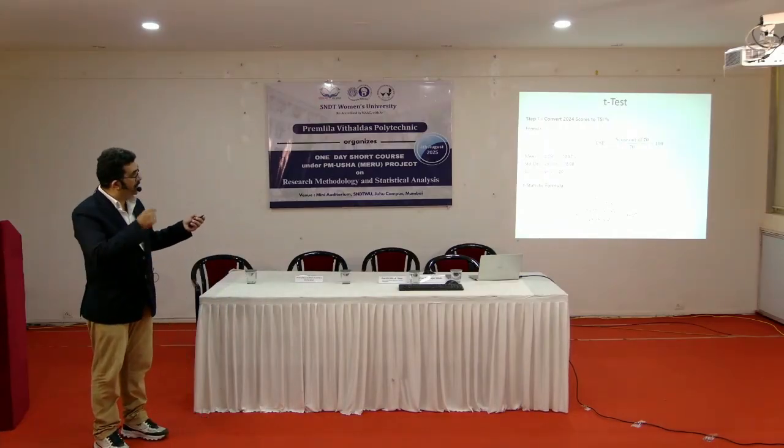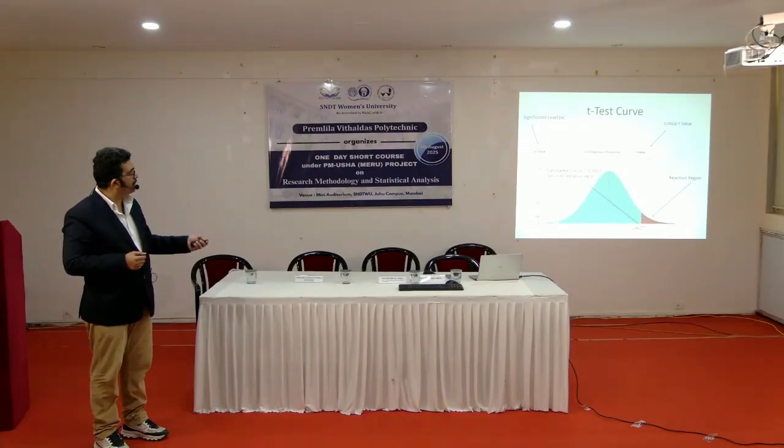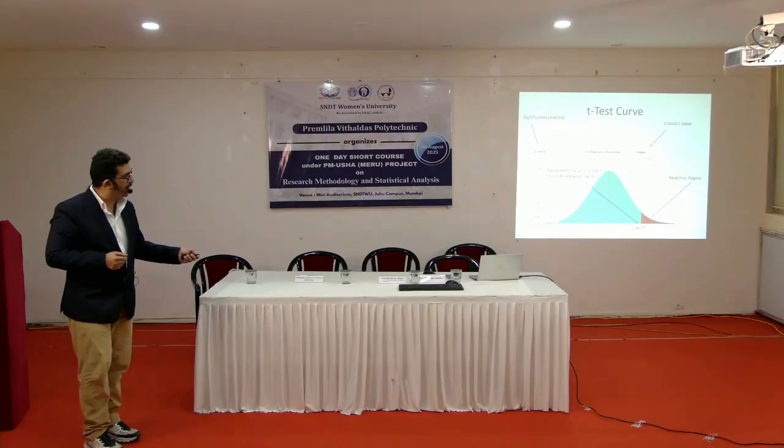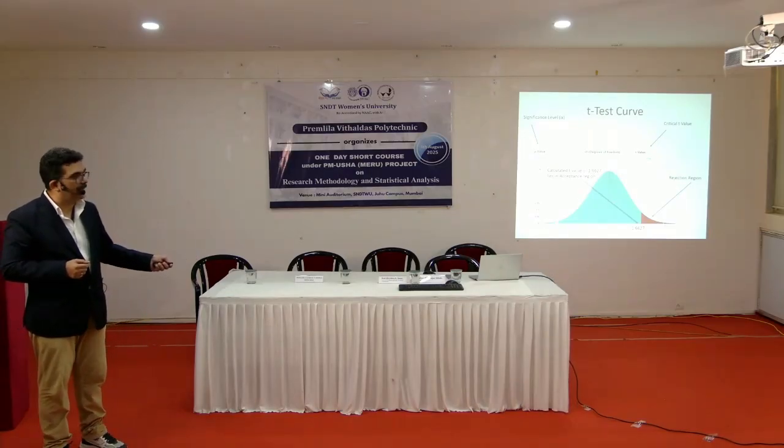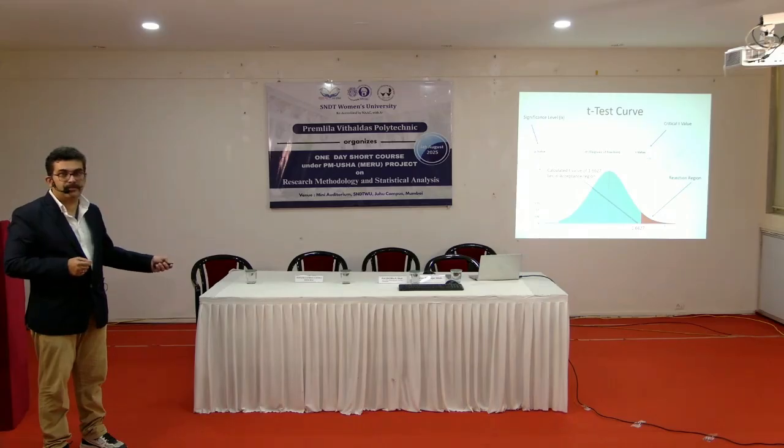Now we have to locate where this t value is on the graph. I told you this green part is the acceptance region and the red part is the rejection region. The calculated value of 1.6627 is falling in the green region.